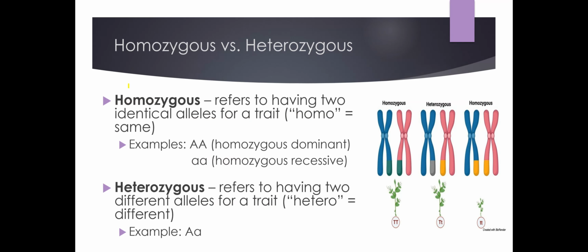Now, we describe our genotypes with the terms homozygous or heterozygous. The prefix homo means the same, and the prefix hetero means different. So if you have two of the same alleles for a trait, those are both described as homozygous, so that can be dominant or recessive. And then if you have different alleles, one capital, one lowercase, that is described as heterozygous.